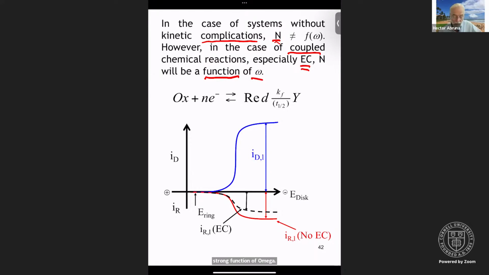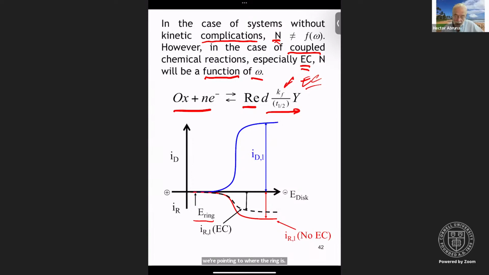And so if we have ox plus n electrons going to red, red going to Y. So this is EC as we have seen it before, right? With a forward rate constant kf, and if you want, a half-life of t1/2. If there were no EC process, then let's say we get something like the red profile here. Notice that, again, we're pointing to where the ring is.